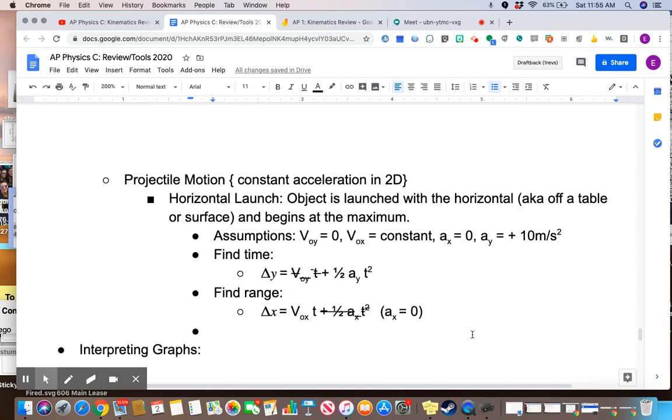Okay, so there is no initial velocity in the y. We're talking about horizontal launch, and there is no acceleration in the x. Last thing that we do would be to find maximum height. We could do that.